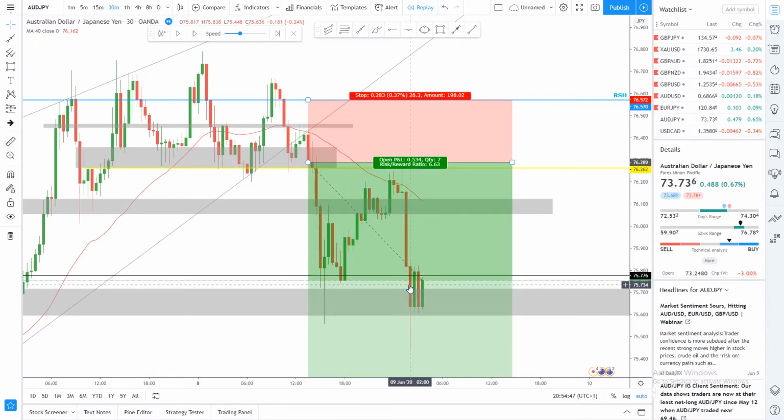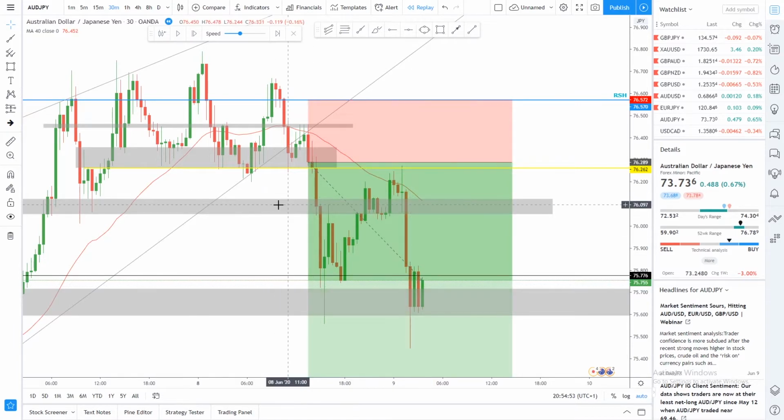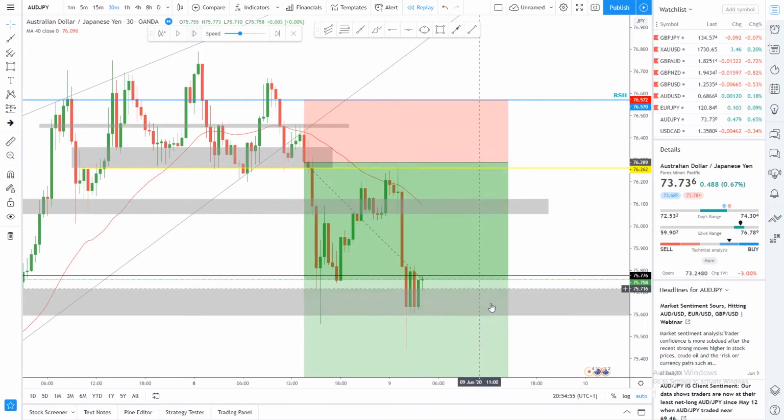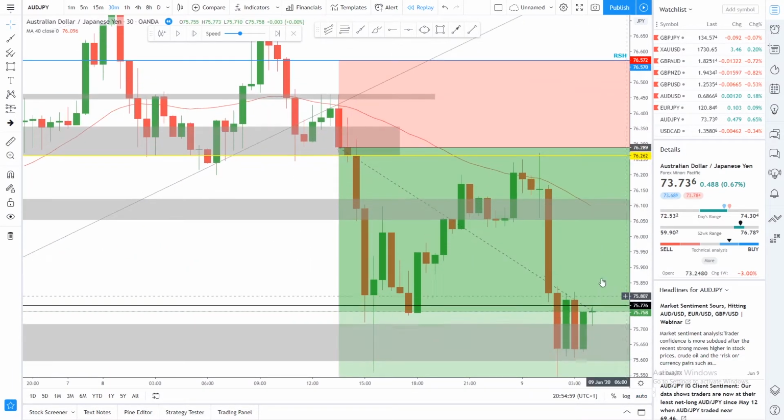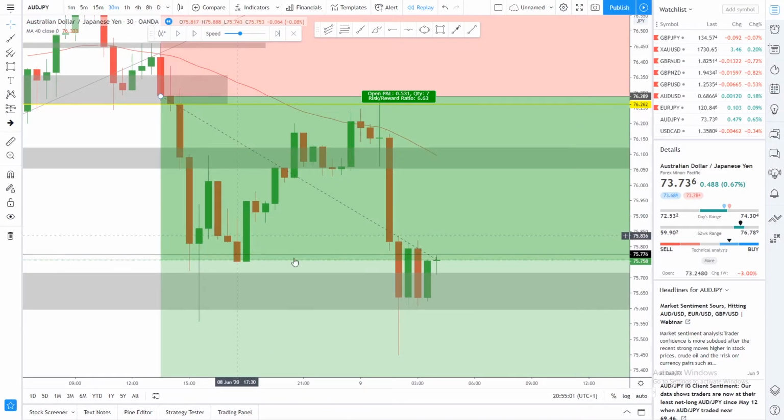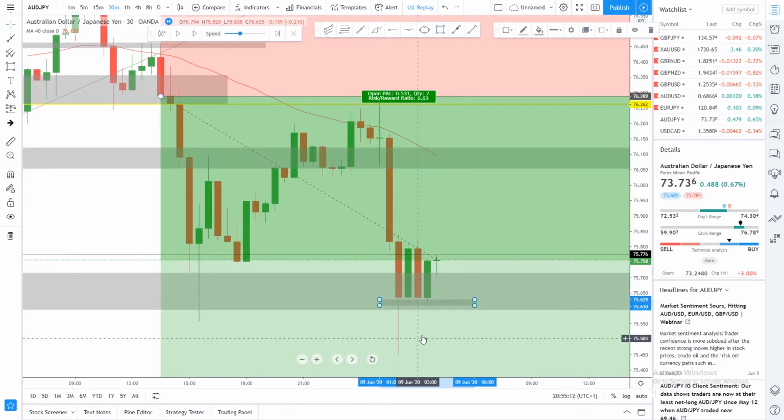Now usually when price consolidates it reverses, but if we keep on playing, there's a specific candle, this 30-minute candle, that means a lot, because it shows that price was trying to hold this area, really trying to hold this support.